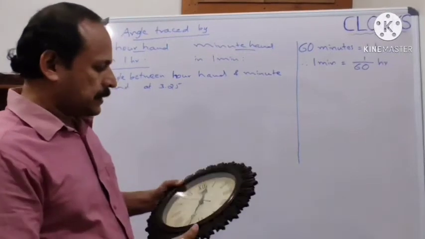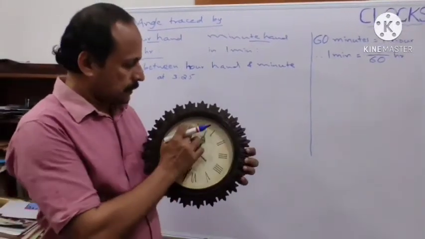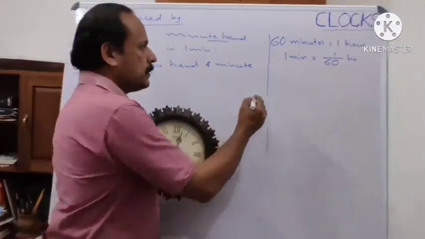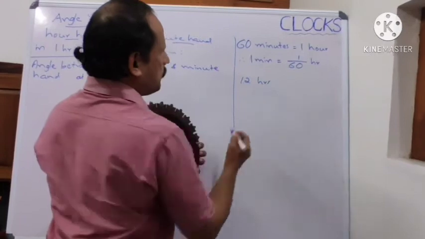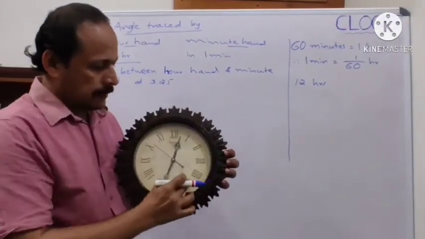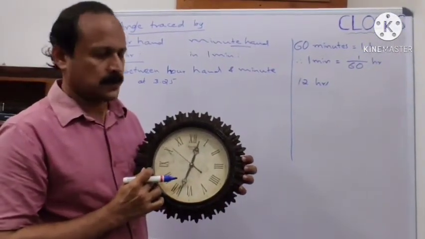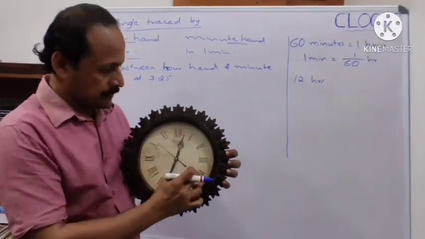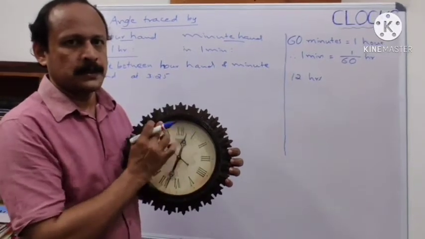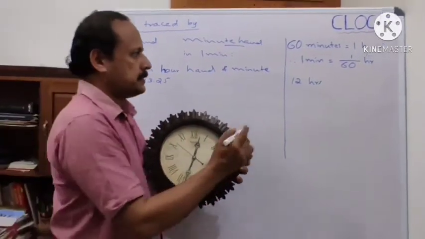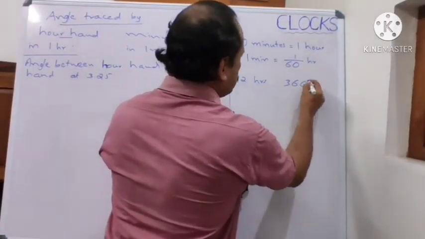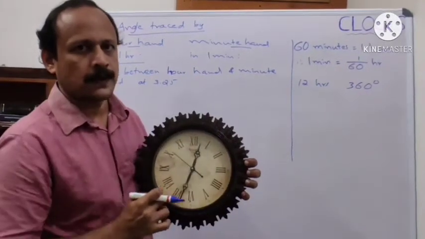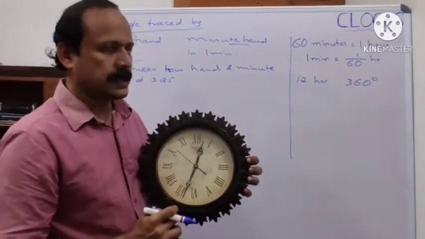Next, you take a half day, that is 12 hours. When 12 hours from 12 to 12 is taken, the hour hand rotates through an angle 360 degrees.